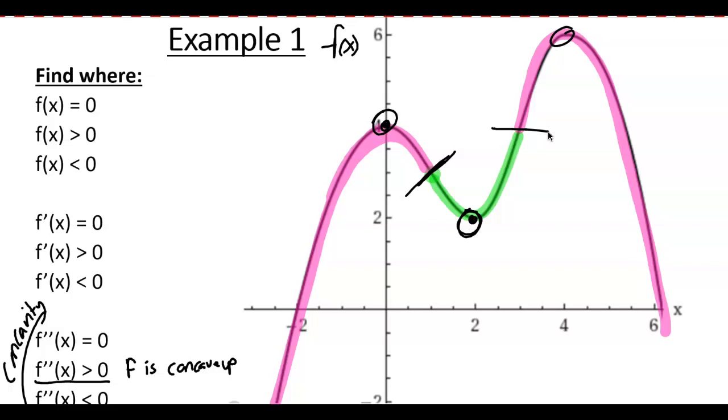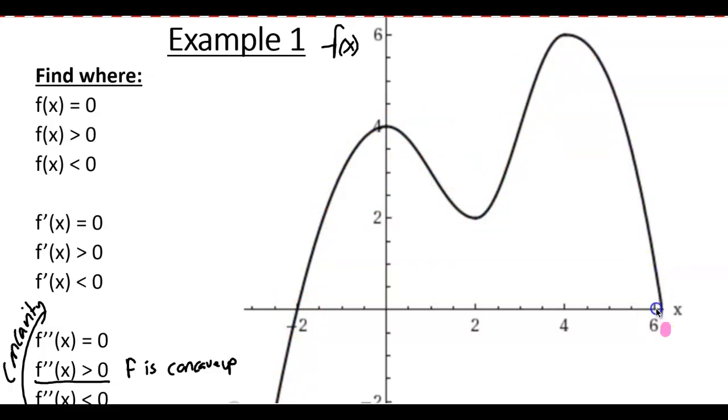So all that being said, let me erase all this. We were talking about where is f concave up, and we came to the conclusion it goes from the middle of the peaks on the left to the middle of the peaks on the right, and that's a pretty good guess. And now we can give the x values.